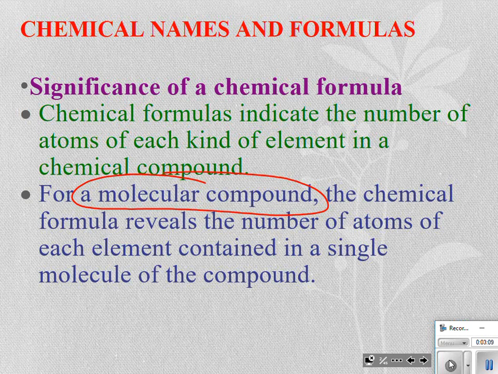It is covalently bonded. So I should be thinking that I'm going to be dealing with what types of elements? Nonmetals. Okay? A molecular compound is going to be dealing with nonmetals, covalent bonding.